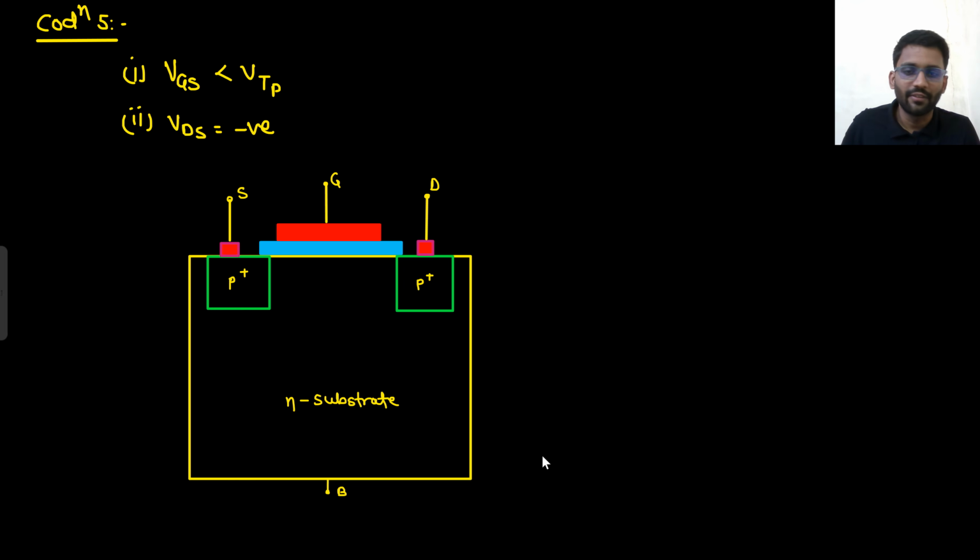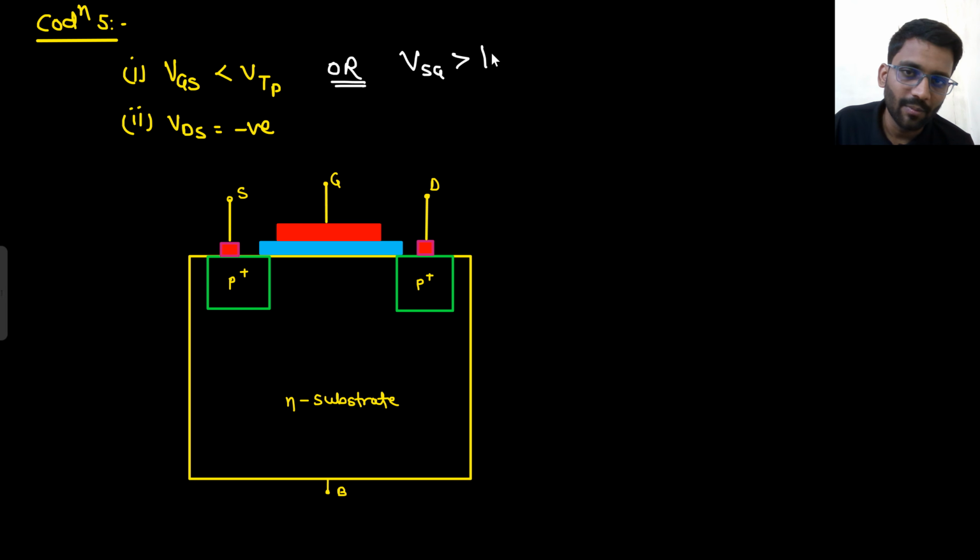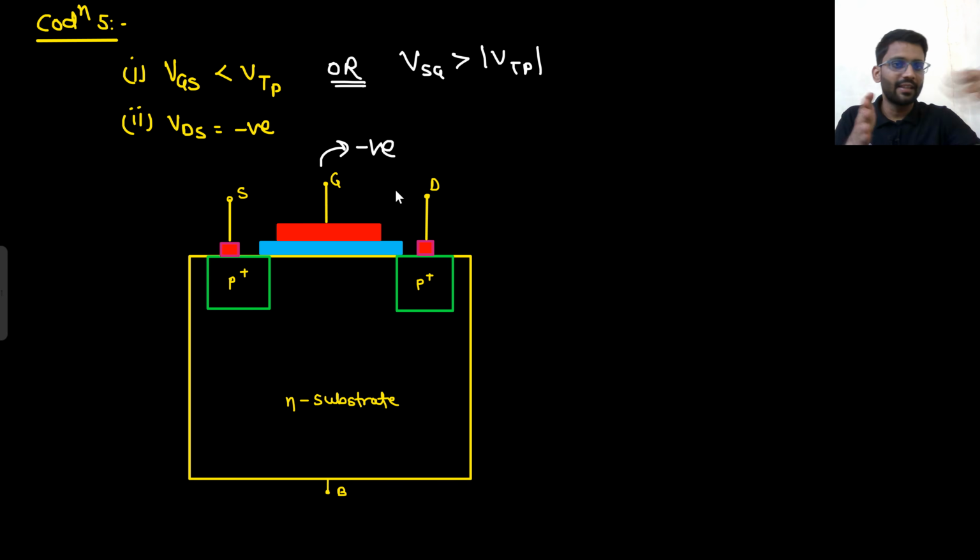Now we are left with one condition, that my VGS is less than VT and my VDS is negative. So what will happen? I can write that my VSG is greater than mod of VTP. VGS is less than VTP, that means here I am applying more negative potential, so VSG is greater than mod of VTP.